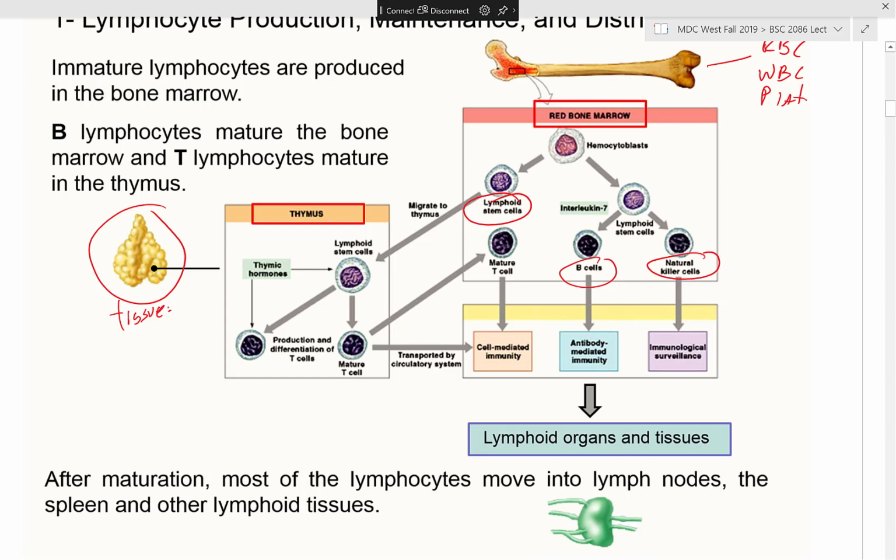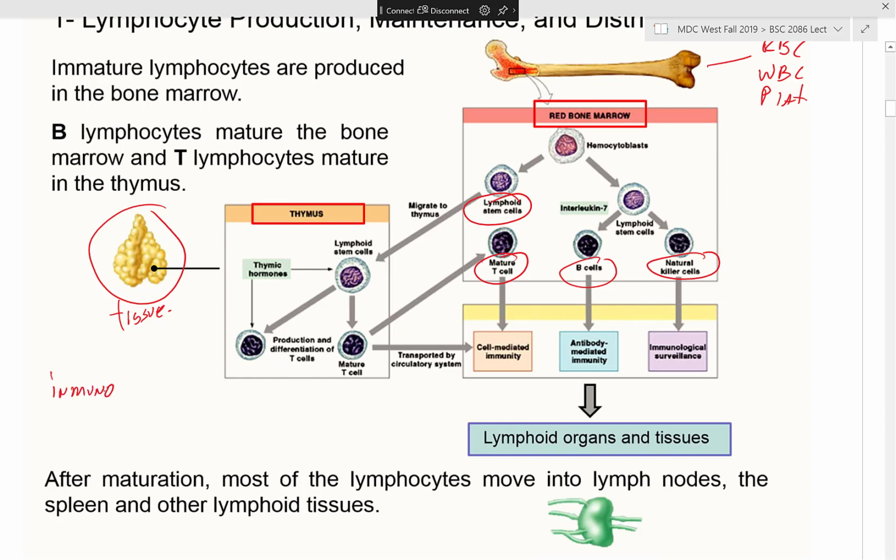If they pass the test, meaning you expose them, and they recognize it but do not kill your own cells, your own tissue in the thymus, then they're able to be what? To graduate. Graduation means they now become mature.